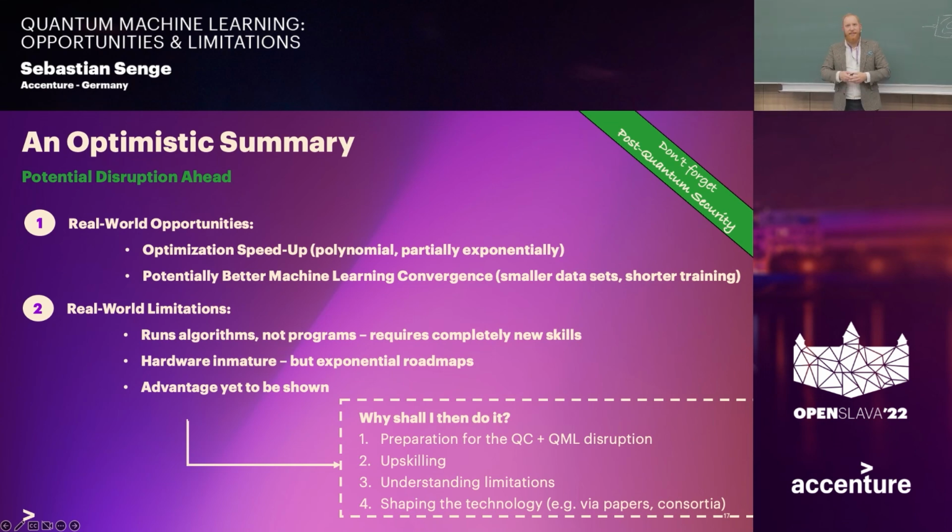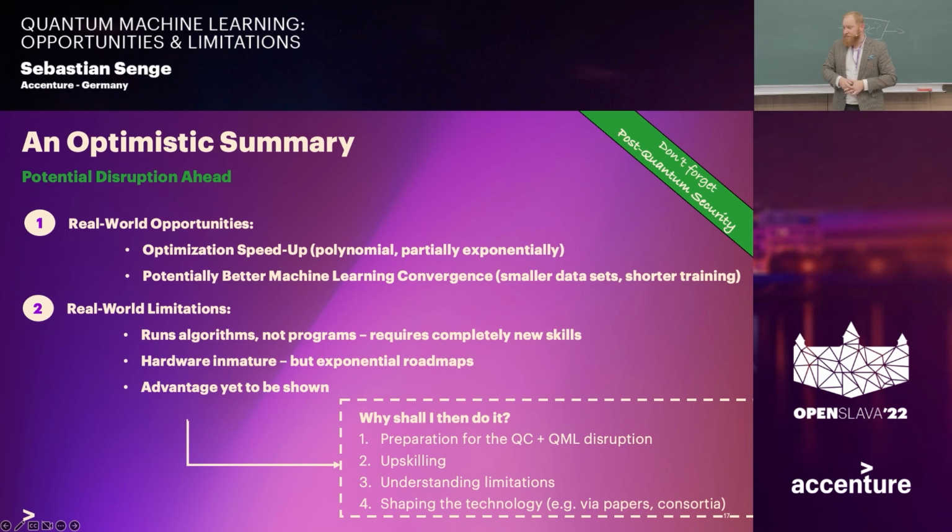The point is that an advantage in terms of an actual real-world use case is something that has yet to be shown, but I'm pretty sure this will happen in the next years, probably in 5 to 10 years approximately. So you might still ask, why should you care about quantum computing if there is no real-world use case yet?